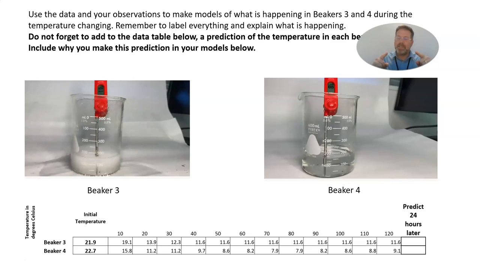Remember, in science, we make observations and we collect data, then we make our hypothesis. So we didn't have enough information to be very accurate. But there's something happening here, and I am going to challenge you. The challenge is on the next slide.